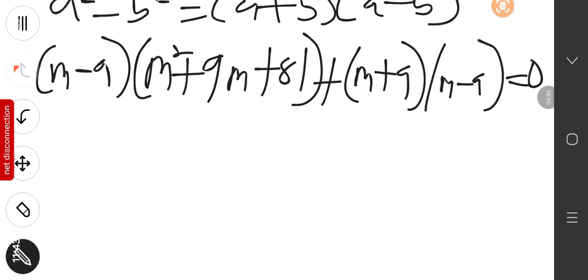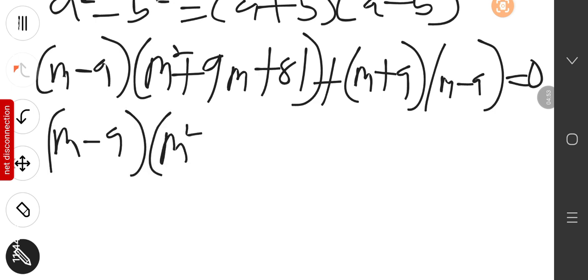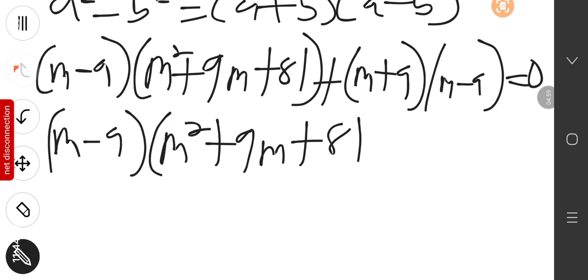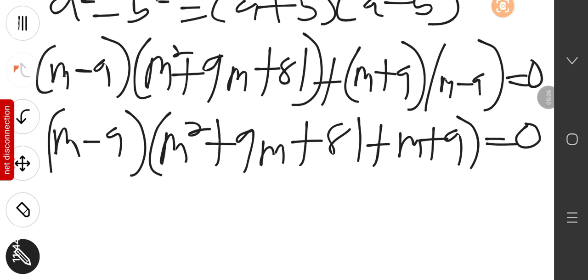All right, so let's factorize here. You can see you have m minus 9 and then m minus 9 here. So we bring it out since it's common. So we're going to say m minus 9 times m squared plus 9m plus 81, plus m plus 9 equals 0.